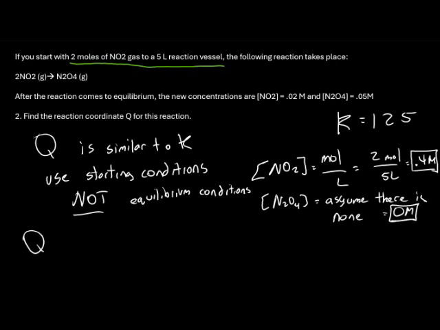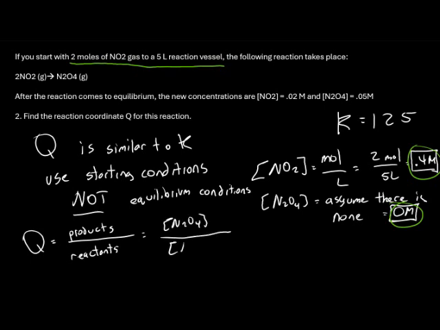Based on this, we can calculate Q, which is again products over reactants. But instead of plugging in the equilibrium concentrations, we will just be using the starting concentrations instead, which were 0.4 and 0. Our product was N2O4.